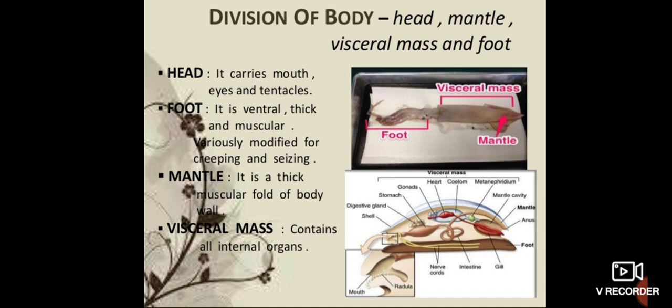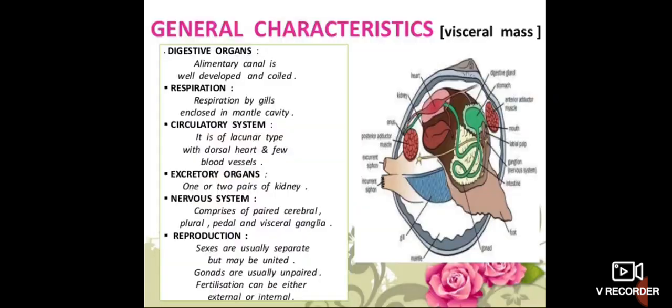The head has mouth, eyes, and tentacles. Foot is ventral, thick, muscular, and modified for creeping and siezing. Mantle is a thick, muscular fold of body wall. Visceral mass contains all internal organs.